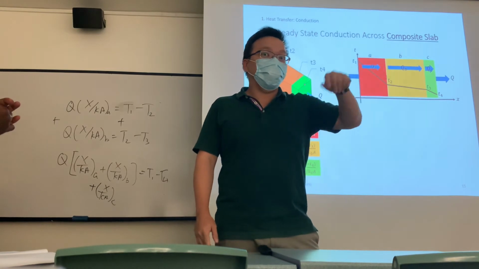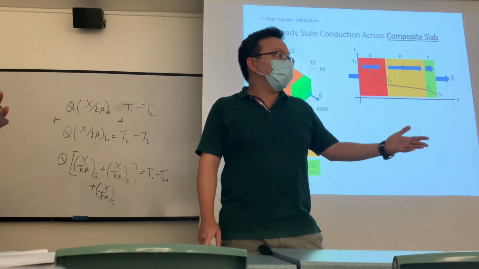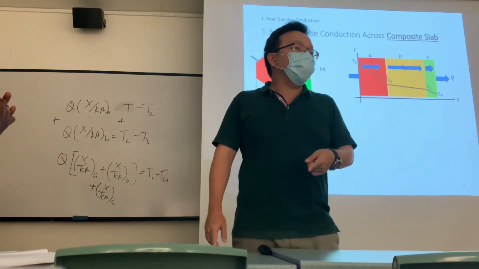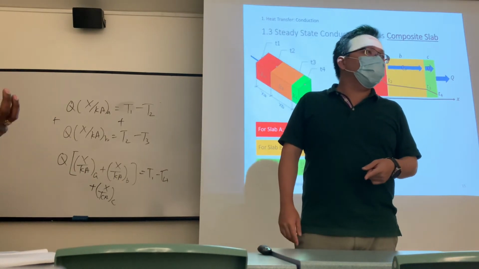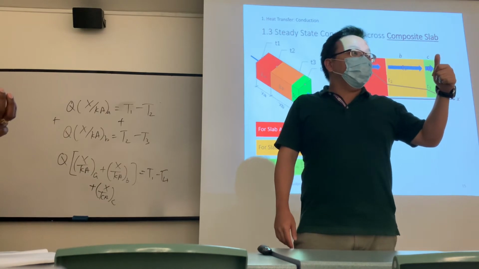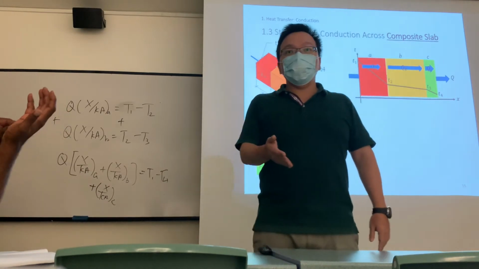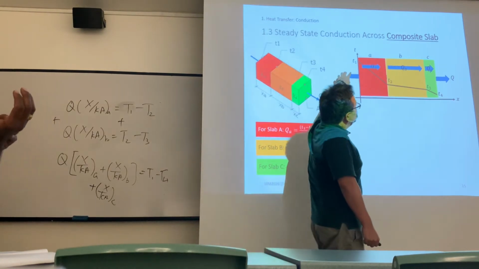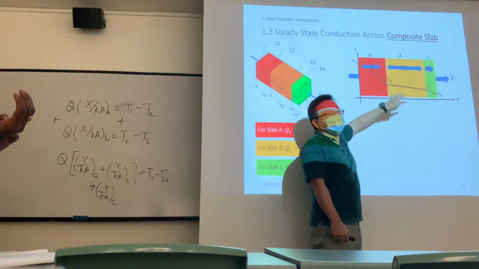No, you don't dare to touch, because why? Hot. Metal wok is a good conductor or bad conductor? Good conductor. But yet the temperature at the outside is hot, right?